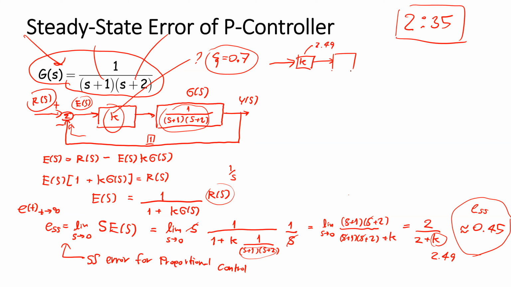And we have the plant, we have the output, we have the input. So to plot the step response, it should be the closed loop transfer function.